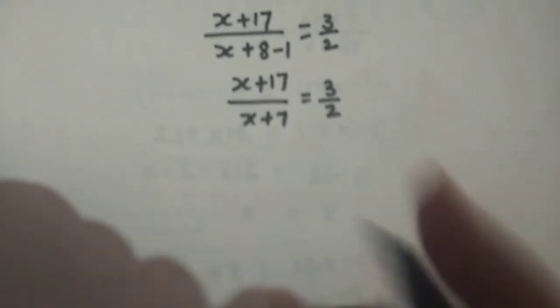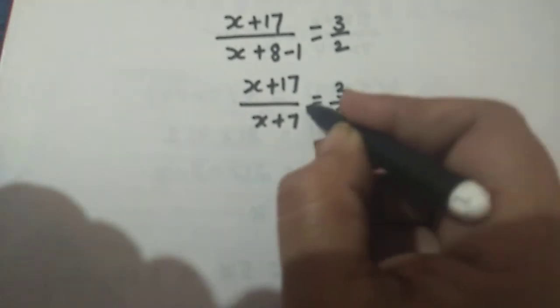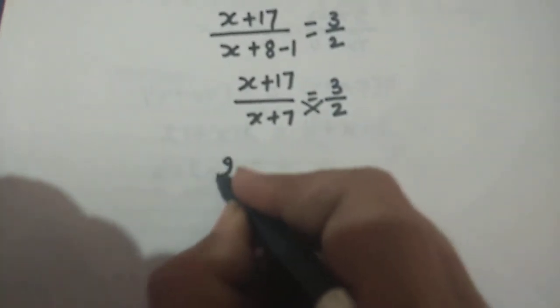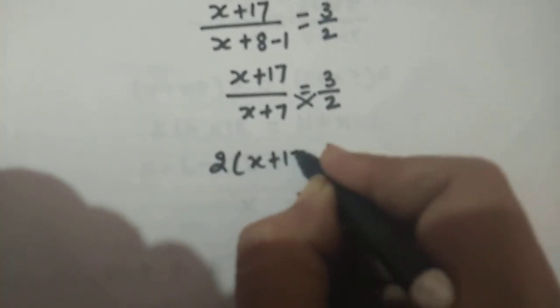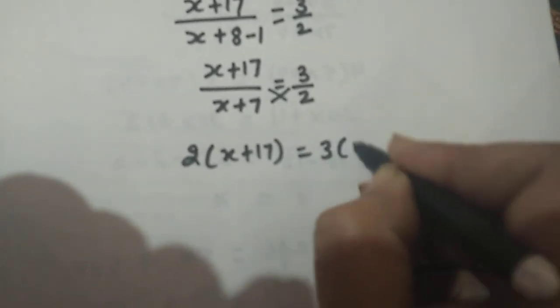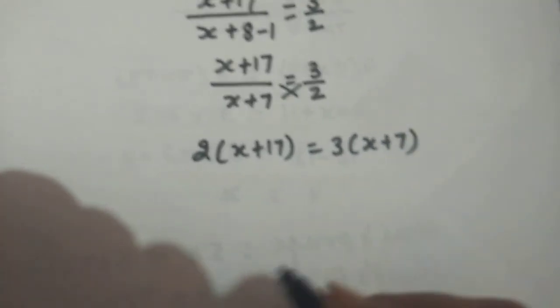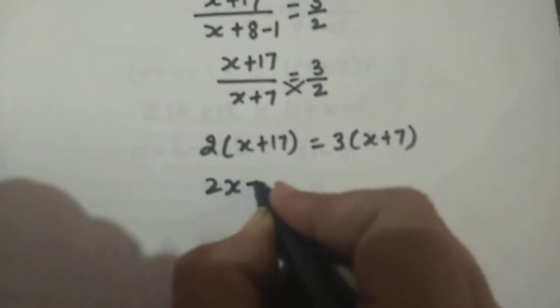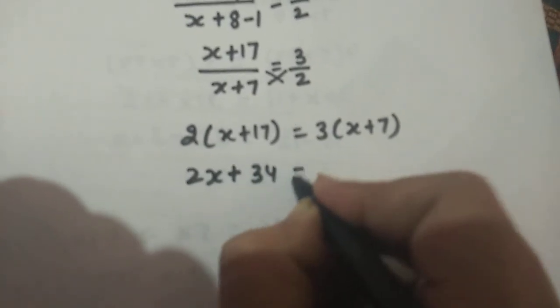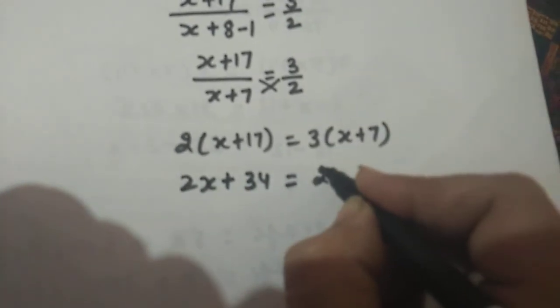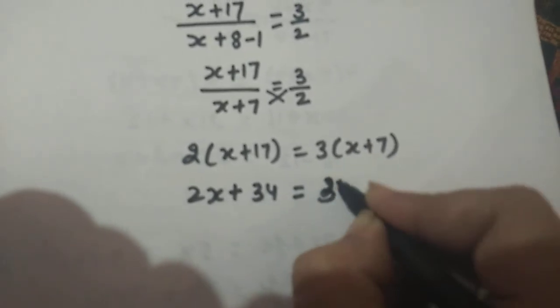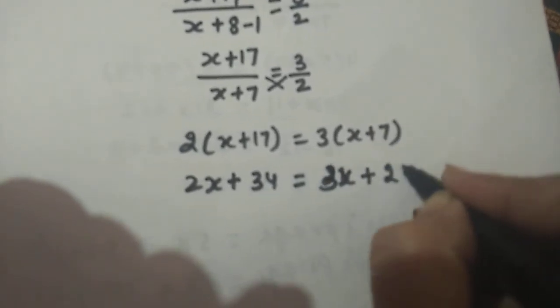So from here we'll get the value. Cross multiplication we have to do. 2 times (x plus 17), 3 will be multiplied by x plus 7. 2x plus 34 equals 3x plus 21.